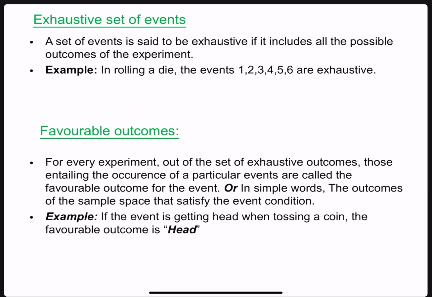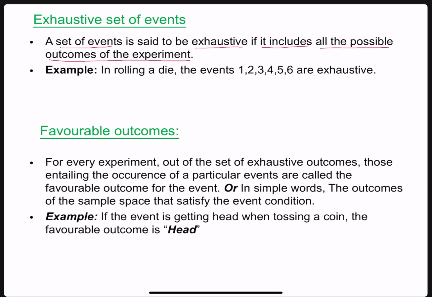Now let's go to exhaustive set of events. This is similar to sample space. Now what does an exhaustive set of events mean? A set of events is said to be exhaustive if it includes all the possible outcomes of an experiment. So sample space also says that it is the totality of all the possible outcomes of an experiment.